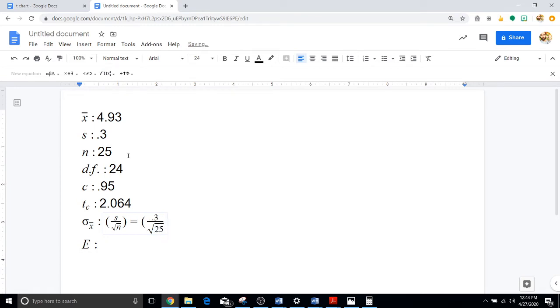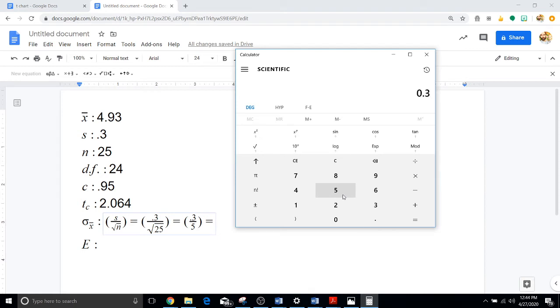Well, I believe the square root of 25 is 5, so we can rewrite this as 0.3 divided by 5. And we can actually find that on a calculator. So 0.3 divided by 5 gives us 0.06.